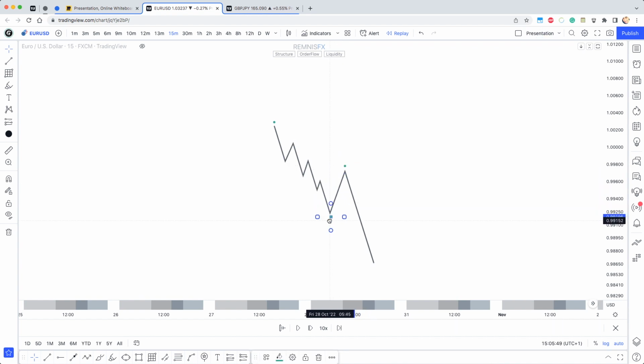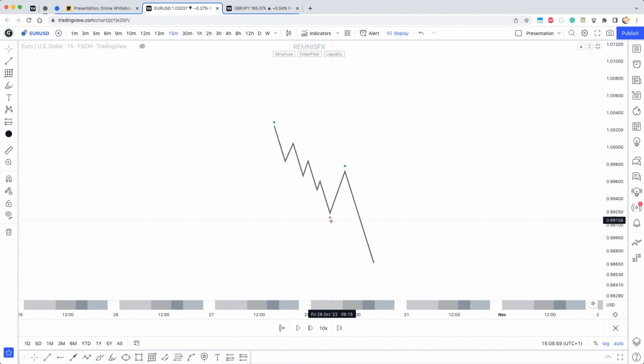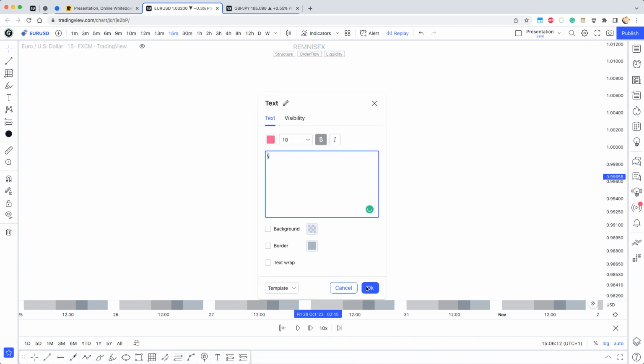And let me get my red dot here, and this would be your lower low. Everything in between this is your internal structure, right? Because of the liquidity here, the inducement, right? Let me just quickly pull that up like this.